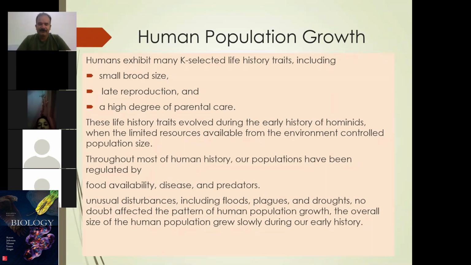And now we have control over all these problems: availability of food, diseases, predators. We have controlled floods, plague, drought, and we have adopted such a pattern of life in which natural calamities and wild animals cannot harm the human population.